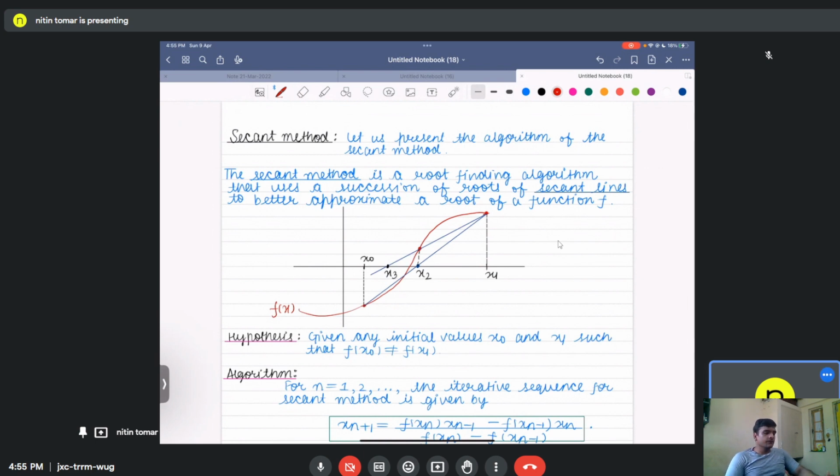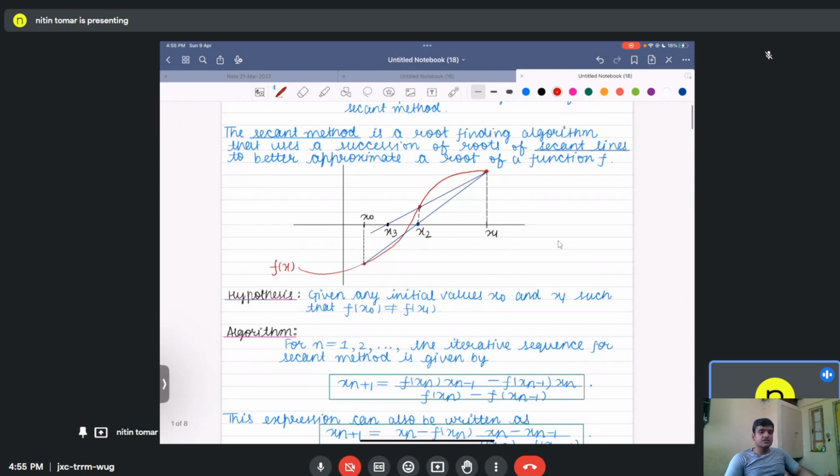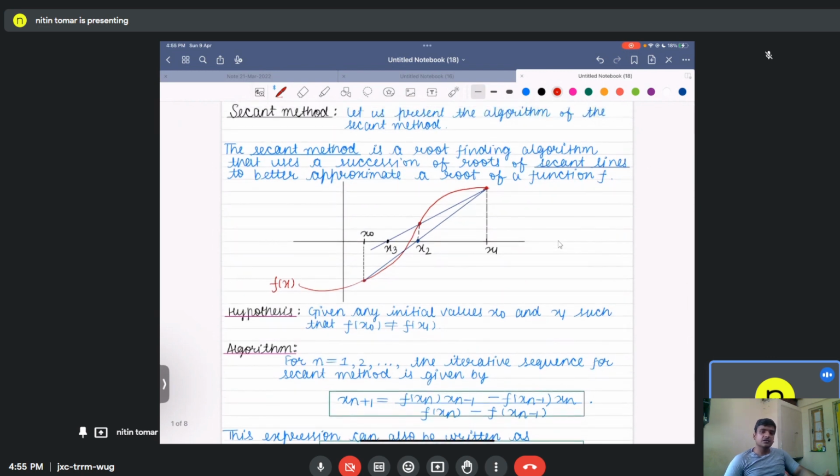The secant method works with the existence of two initial guesses. We have to guess two initial values x0 and x1 such that f of x0 is not equal to f of x1. Geometrically, we have already seen how to do the method.